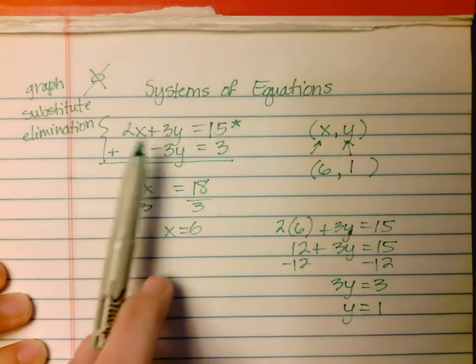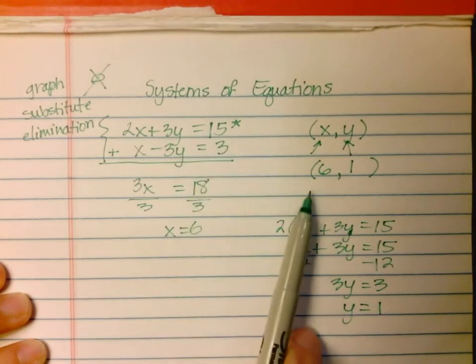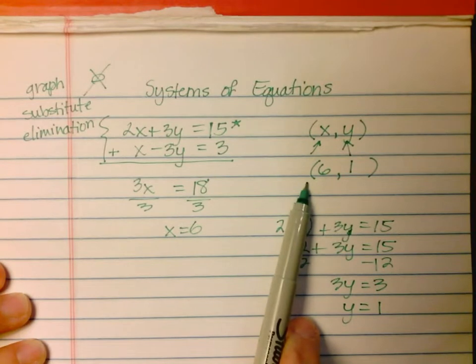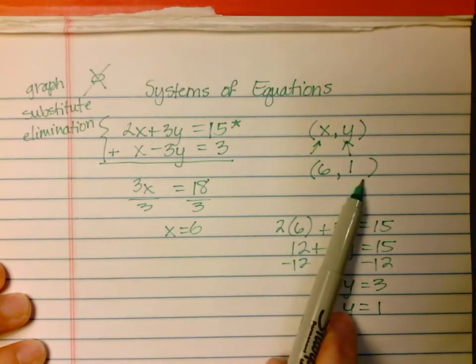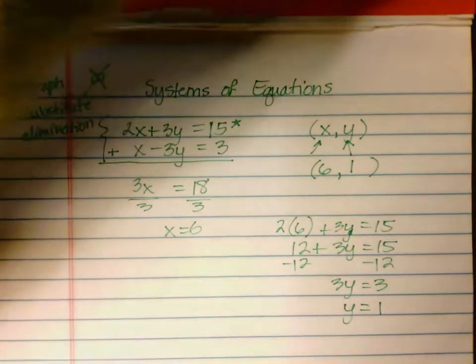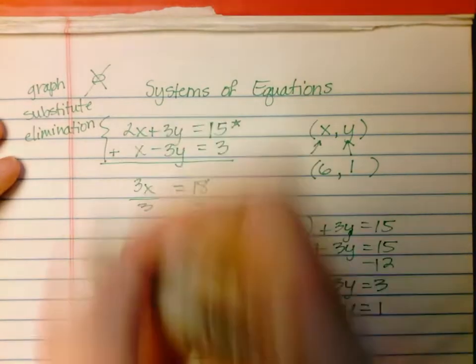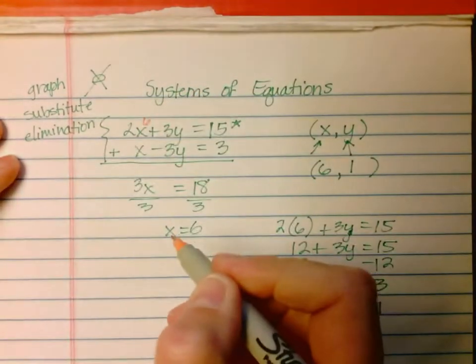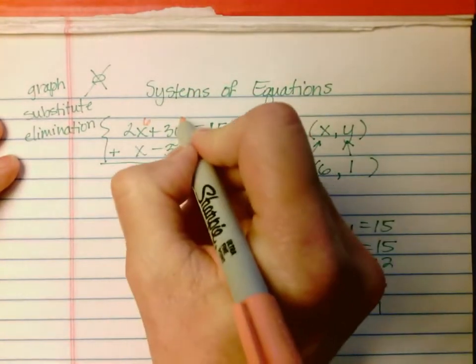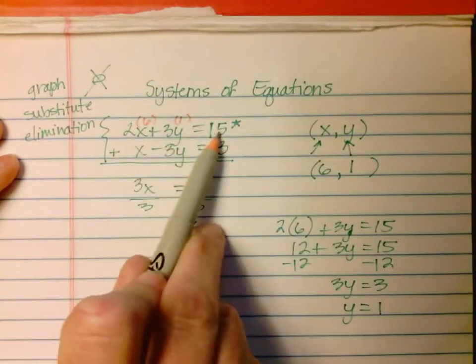So our goal was to solve this system of equations, and I think the solution is the ordered pair 6, 1. And what we can do is check with both equations. If you substitute 6 in for x and 1 in for y, is this first sentence true?